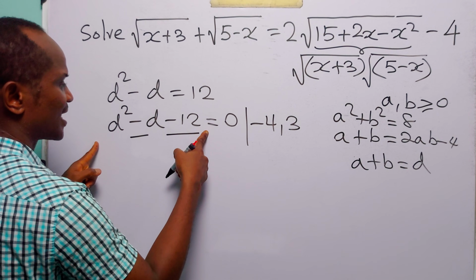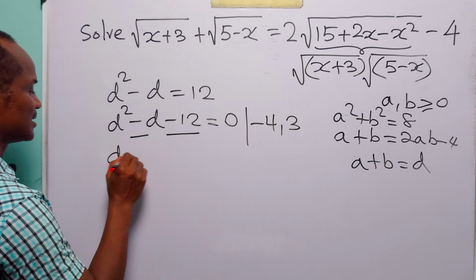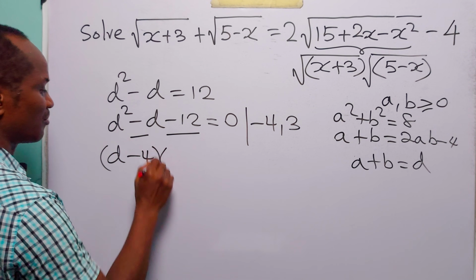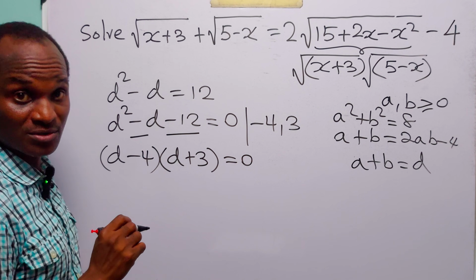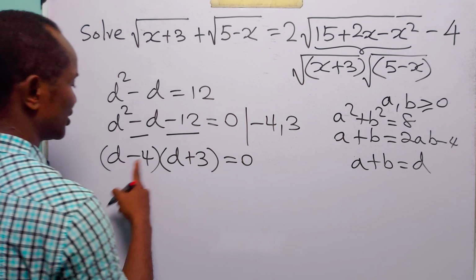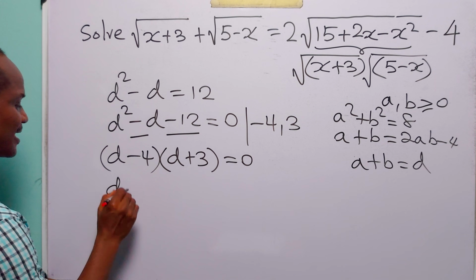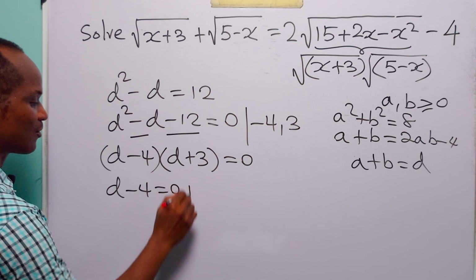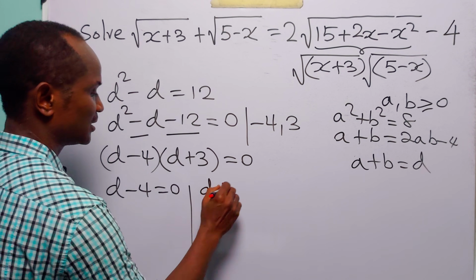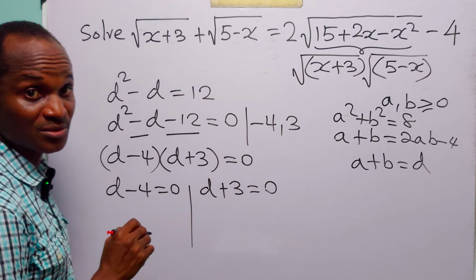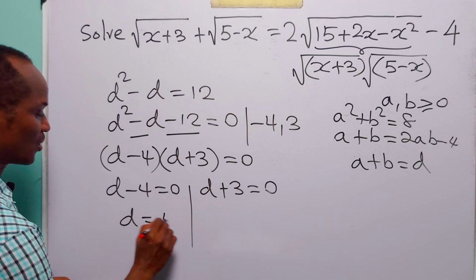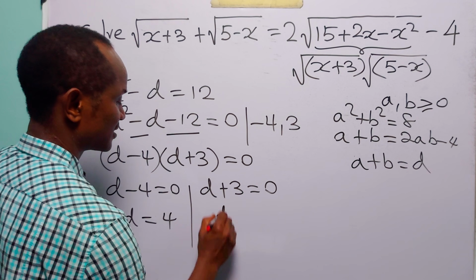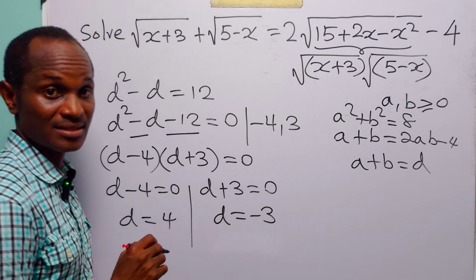So when we factorize the left-hand side, we have (d - 4)(d + 3), and of course this is equal to 0. And you know that from here we have that either d - 4 is equal to 0 or d + 3 is equal to 0. From here we have that d is equal to 4, and from here we have that d is equal to -3.